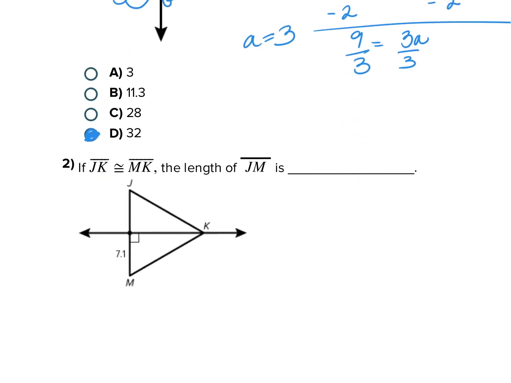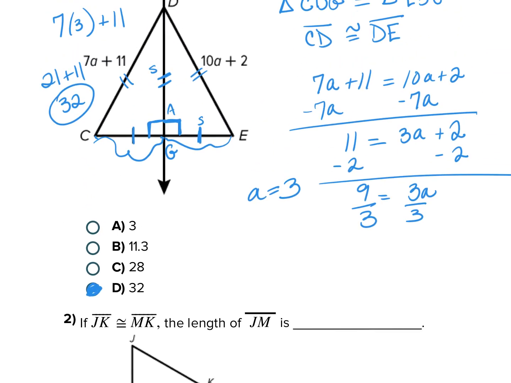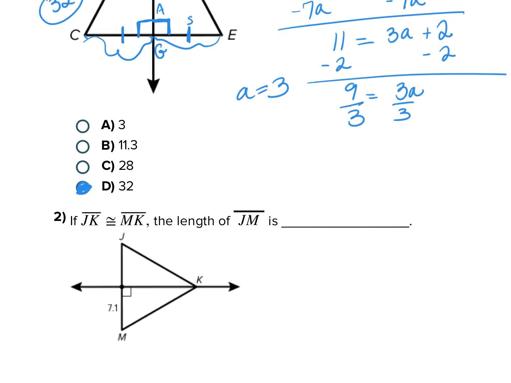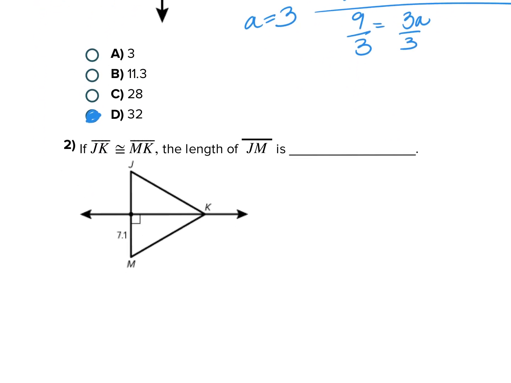Okay, and if you'll notice, this diagram is very similar to this diagram here. So again, here it tells me that JK is congruent to KM, okay? Now, if these two sides are congruent, then these two pieces are also congruent.